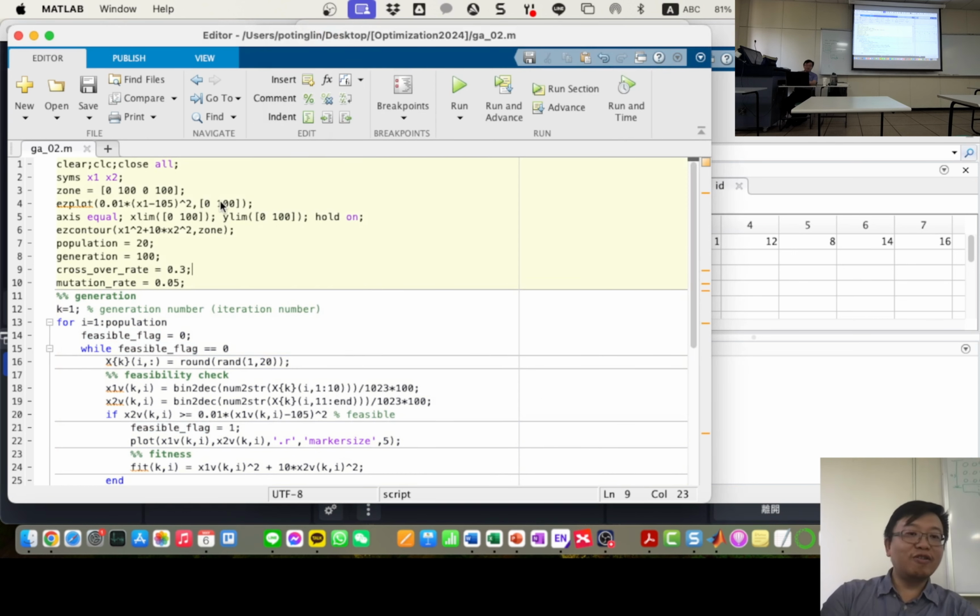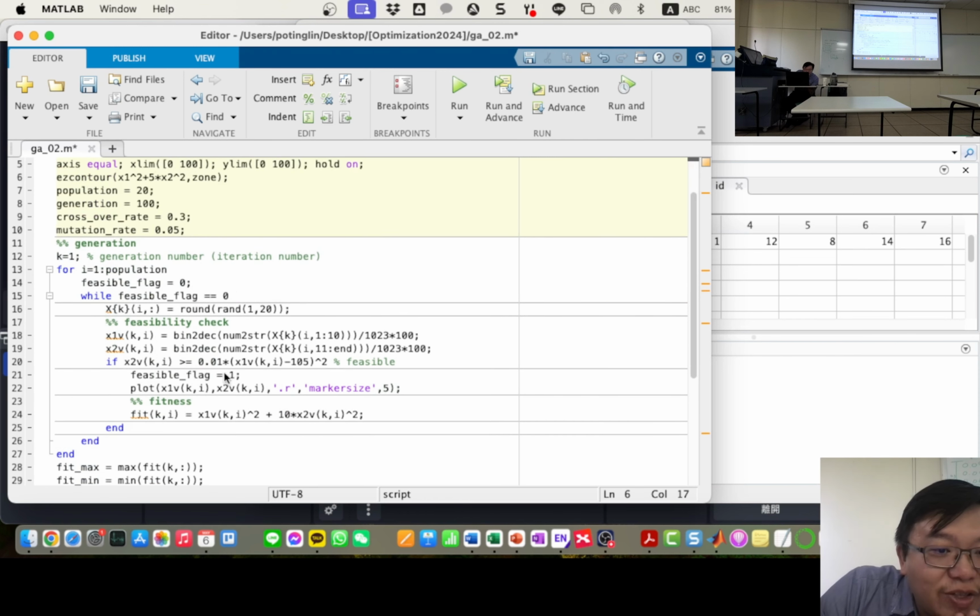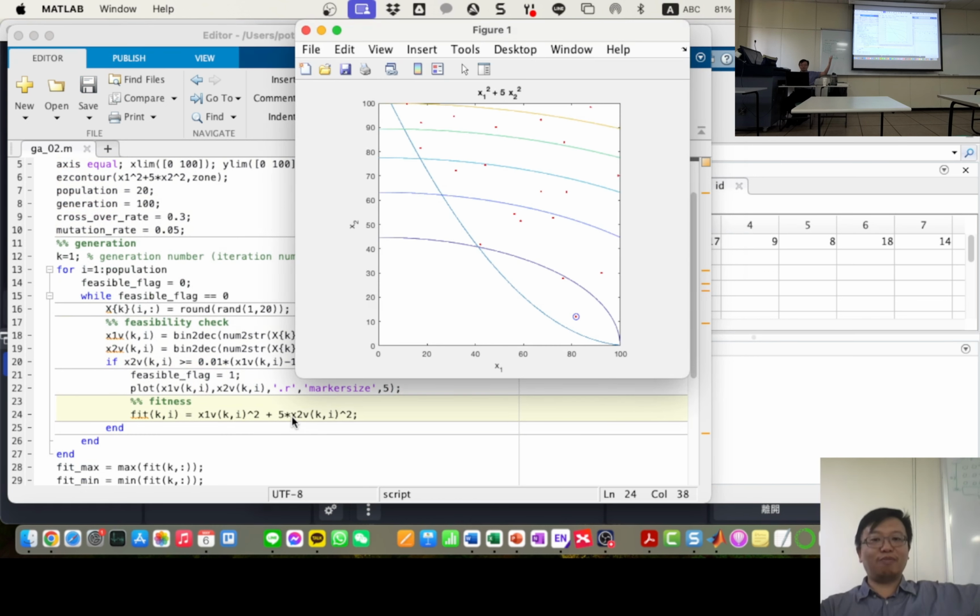If I try a different function, for example, a different coefficient 5 right here, I need to make a change to my fitness here. So 5 here. If I change the function form, okay, from here you can tell GA randomly generates some, evaluates the fitness of every one of them.